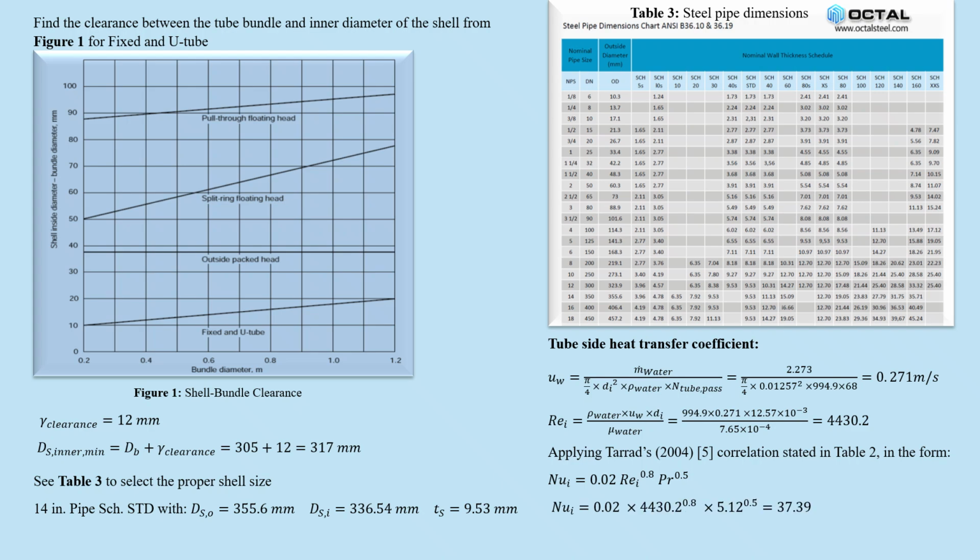Substituting the corresponding values, then we will get Nusselt number to be 37.39, and from the definition of Nusselt number, we may get the heat transfer coefficient on the tube side to be 1853.1 watt per meter square Kelvin.